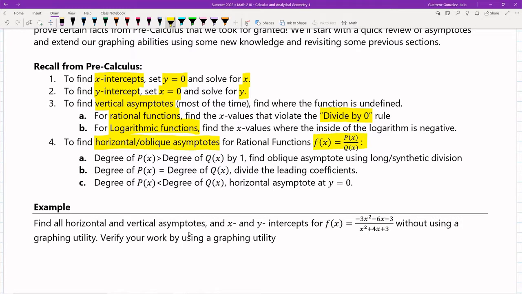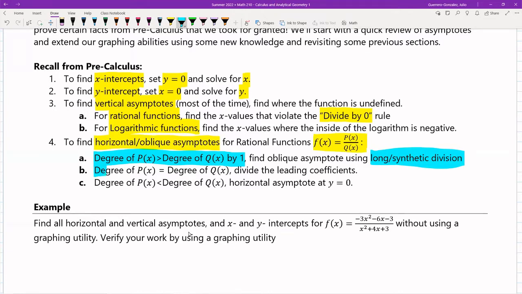And if you wanted to find horizontal, oblique, or slant asymptotes for rational functions in particular, something that looks like this, p of x over q of x, a polynomial divided by another polynomial, right? There were just these three rules for now. If the degree of the top was bigger than the degree of the bottom by 1, you had to use long division or synthetic division. Whatever came out from that was going to be your oblique asymptote, right?